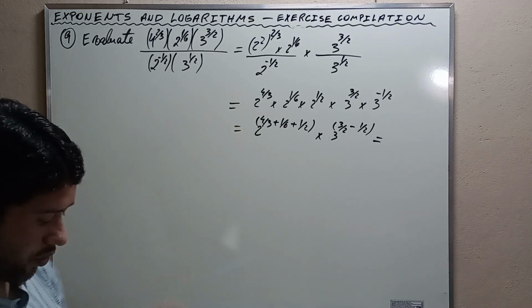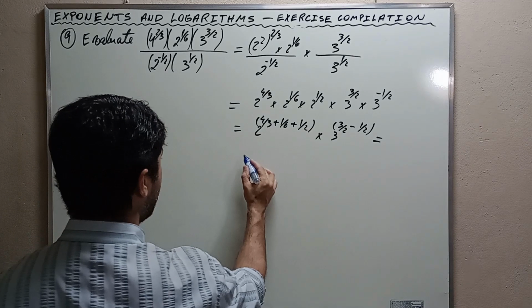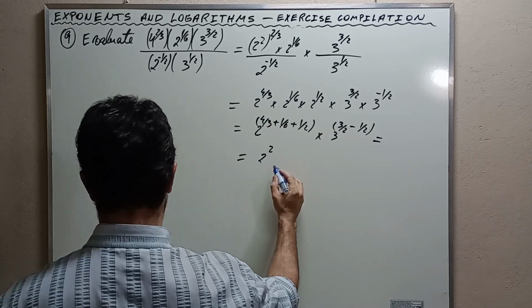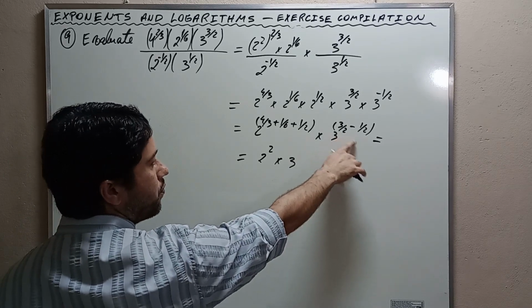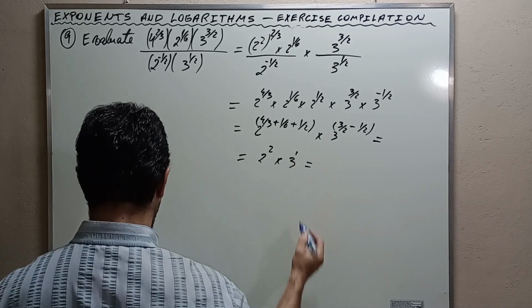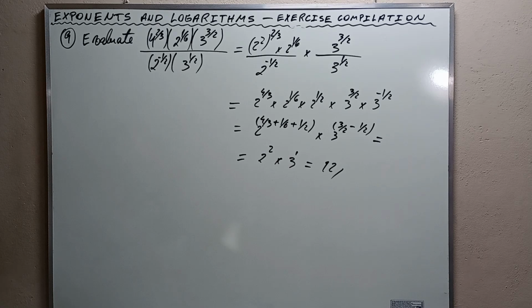Taking the lowest common denominator, we find that it is ultimately 2 squared times 3. Okay? 3/2 minus 1/2 is simply 1. And this is equal to 12, and this is the solution of exercise 9. Let's go to exercise 10.